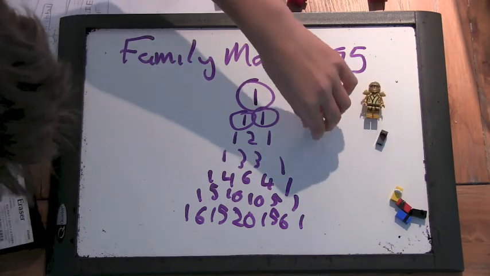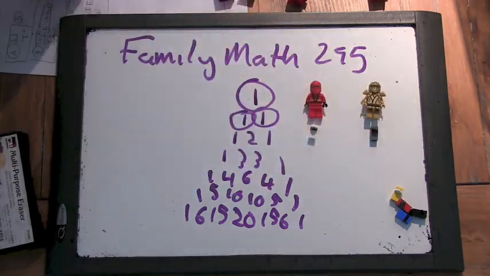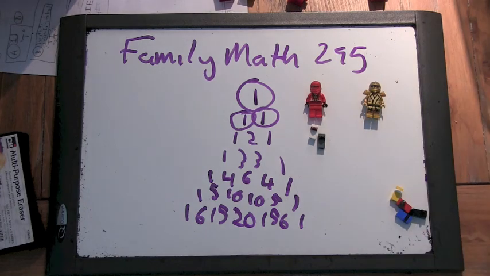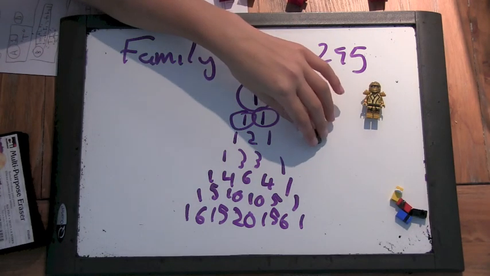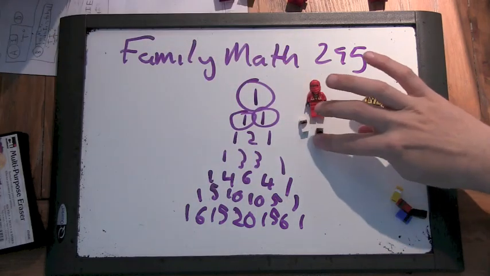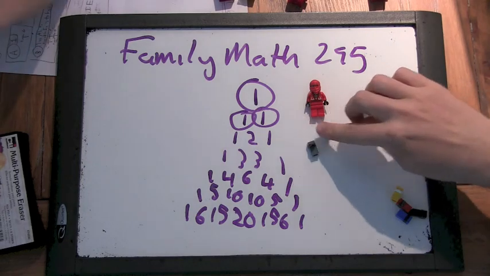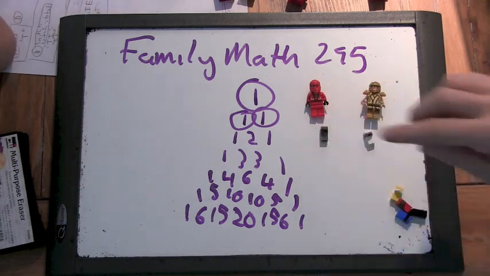Ah, interesting. So we have an interesting combination of order mattering and order not mattering here. When they both go there, does the order of the penguins matter? No, because it's the same situation. But when they split apart, this is not the same situation, because they're picking different people.